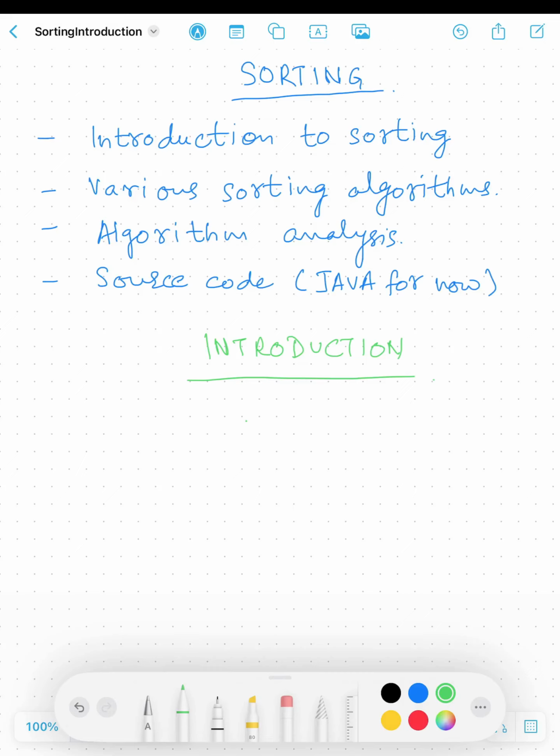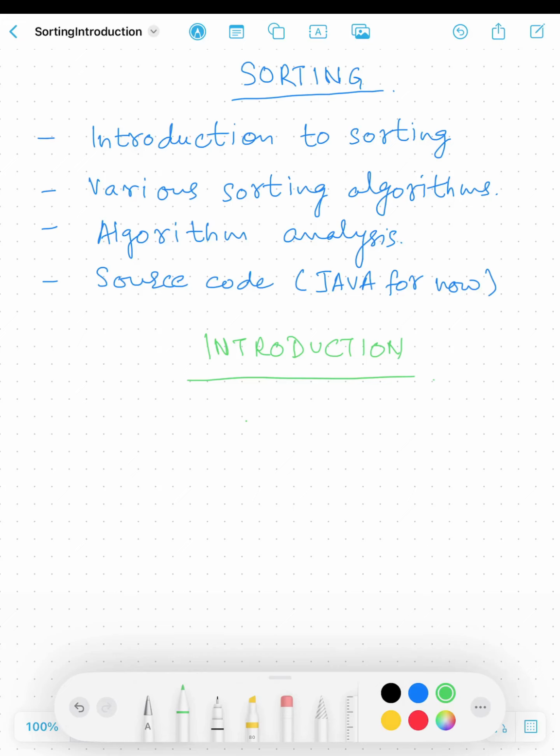This is a new playlist on sorting. In this playlist, we are going to cover a lot of topics related to sorting. We will start with an introduction to sorting, which is very basic, and a discussion on what sorting is. After that, we are going to dive into various sorting algorithms.